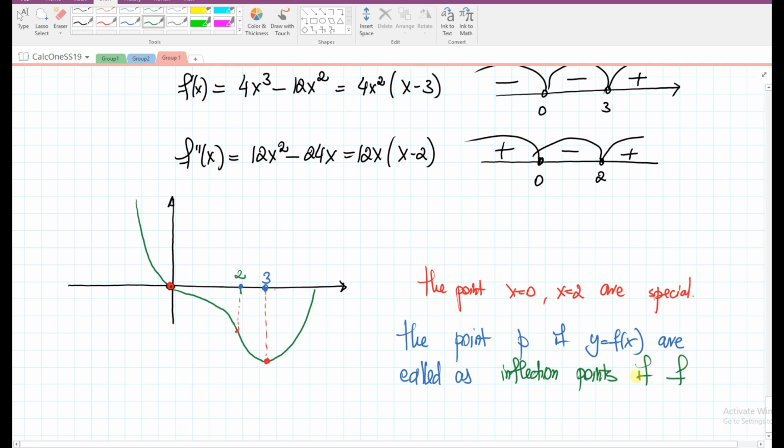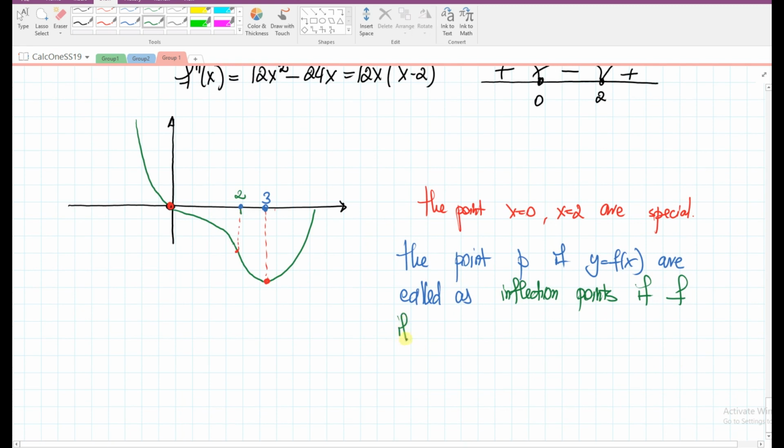if f is continuous and it changes its concavity there.